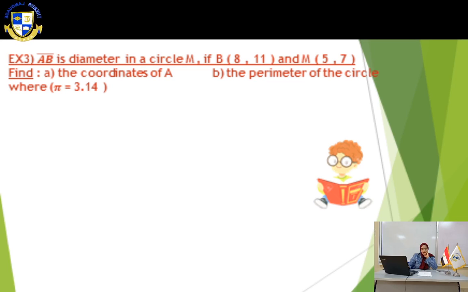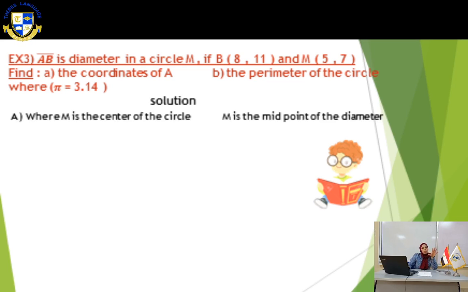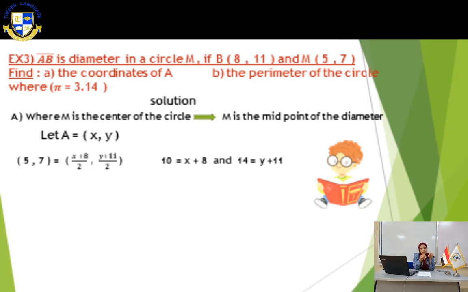Letter A. I need to know the coordinates of the point A. M is the center of the circle, so M is the midpoint of the diameter. So let A be (X, Y). A is unknown for me. So the midpoint (5, 7) equals (X plus 8) over 2, (Y plus 11) over 2.